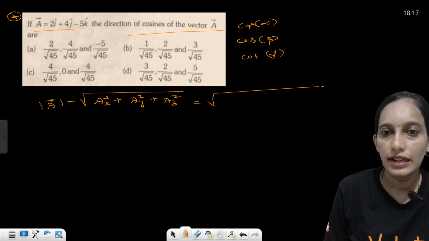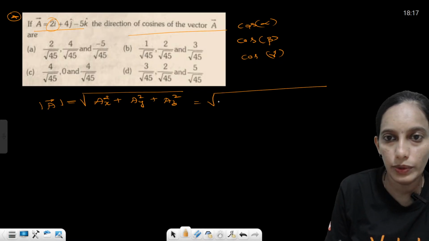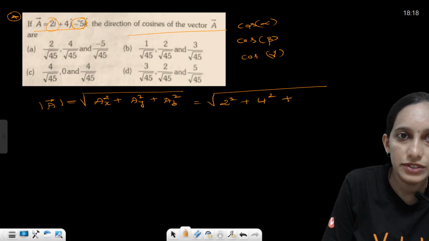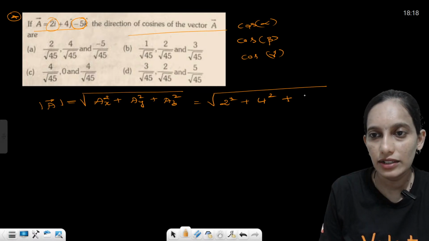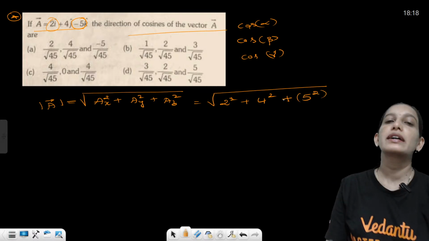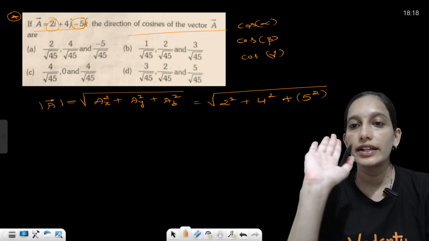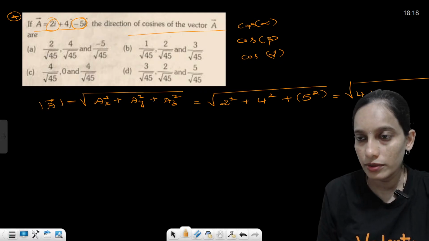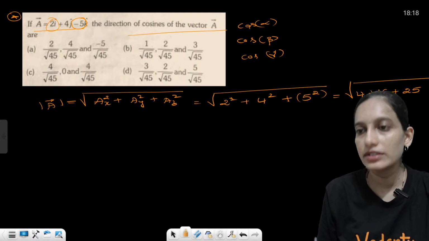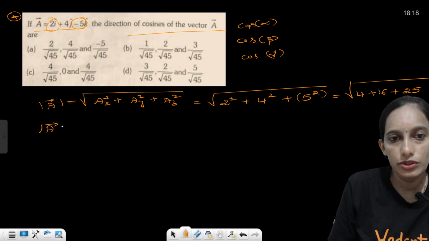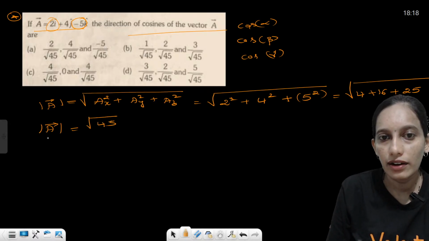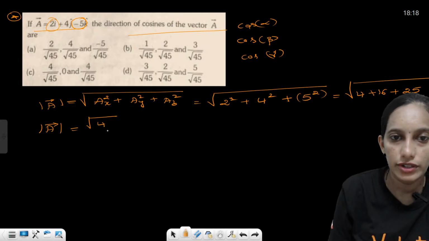That is square root of ax square, that is 2 square, plus ay square, that is 4 square, plus az square. Here we have minus 5, and when squared it becomes 5 square. When finding the magnitude, you will not get a negative inside the square root. So this is something like square root of 4 plus 16 plus 25, which gives the magnitude of vector A as square root of 45.